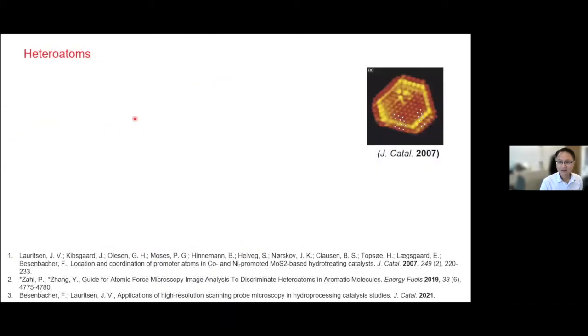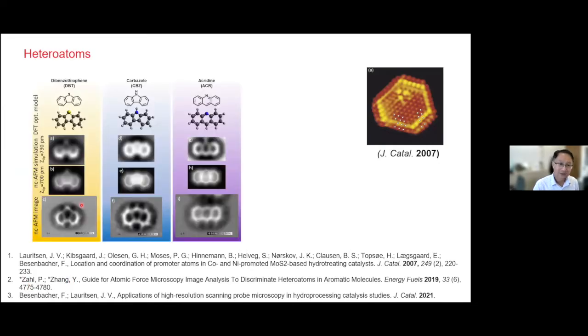This is a very well-known study from Haldor Topsoe. They used the SPM technique to figure out the hydroprocessing catalyst. Recently we started work with Percy Zahl at Brookhaven National Lab to characterize a series of model compounds. This is a sulfur-containing compound.